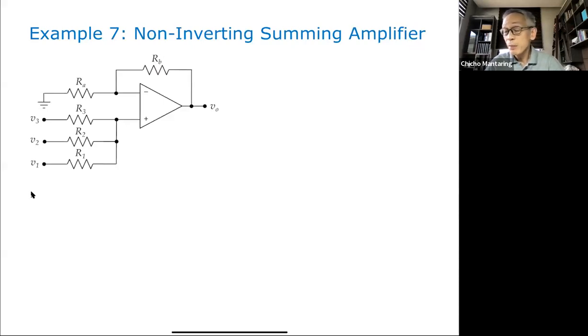Next, we apply the rules for ideal op amps. So what are the rules for the ideal op amp? You have V plus, the voltage at this point is equal to the voltage at that point. V plus is equal to V minus. And then the other rules for your ideal op amp are the currents here will be equal to 0.